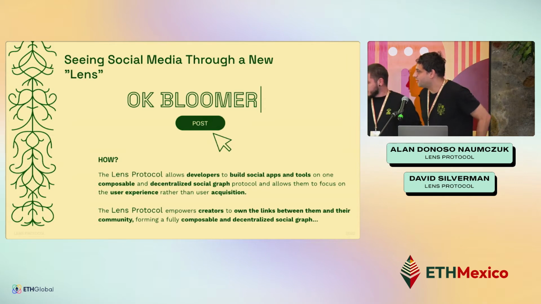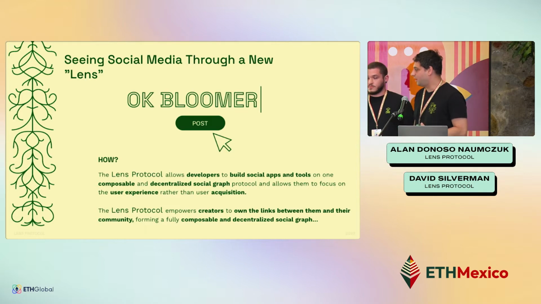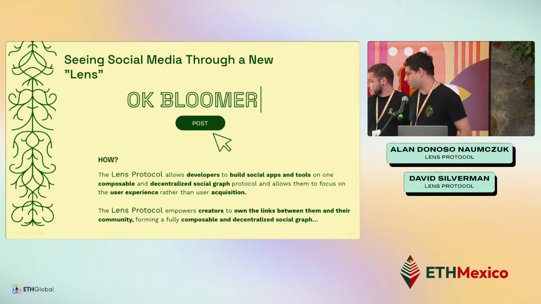So as Alan was saying, some of the problems with existing social media is fundamentally you don't own your data. Your data is owned by the applications which you use. Facebook, Twitter, we all know their names. And Lens offers something different. Lens is a decentralized social graph protocol that developers can use to build social experiences. You can build apps and tools on top of a composable and decentralized social graph.